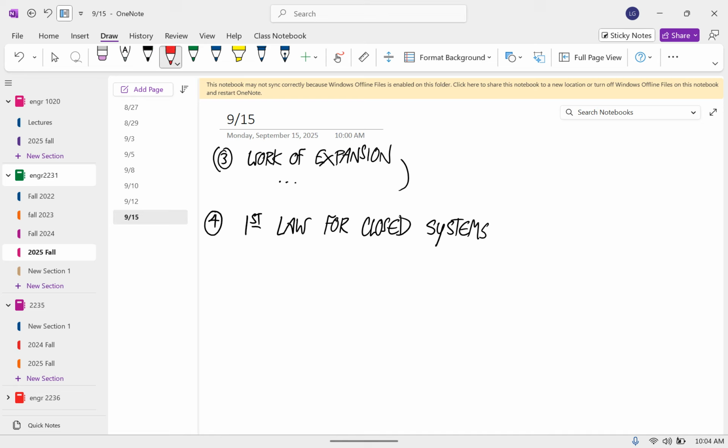And the first law for closed systems means no material is entering or leaving the system.